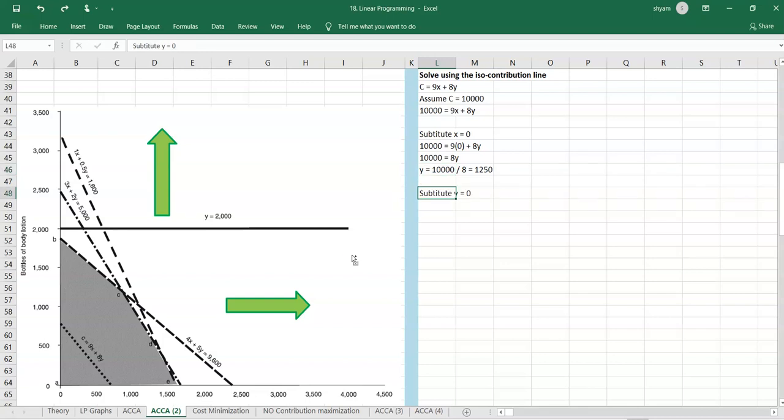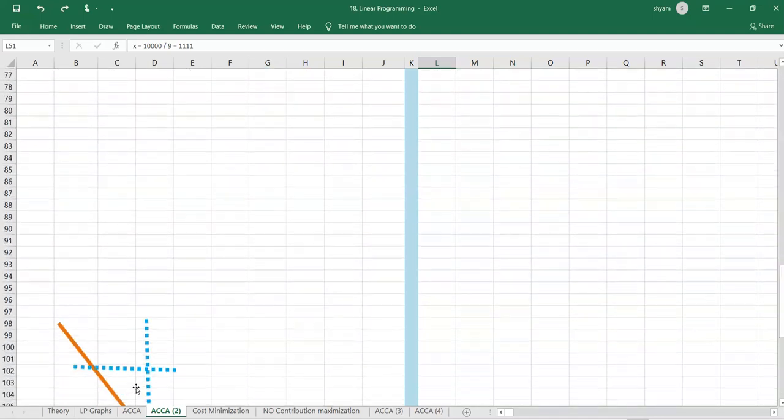Now we'll again substitute y as 0. If we do that, we get the answer to be x equals 1111. So x is going to be 1111. So it will be somewhere here. So one point is here and the other point is here. Now what we'll do is we'll just put a line. I already have a line.